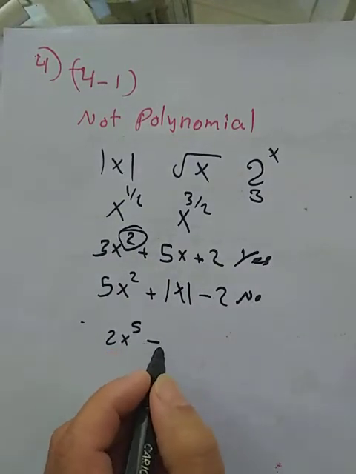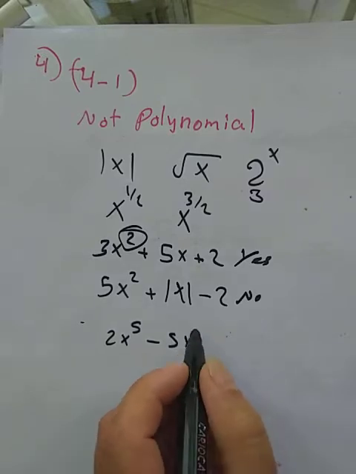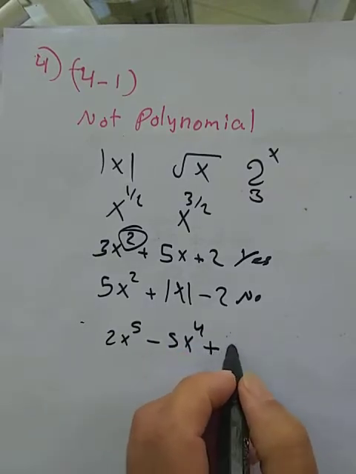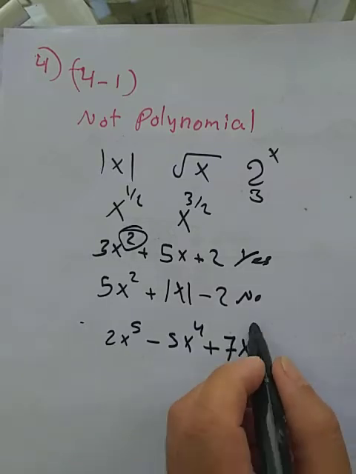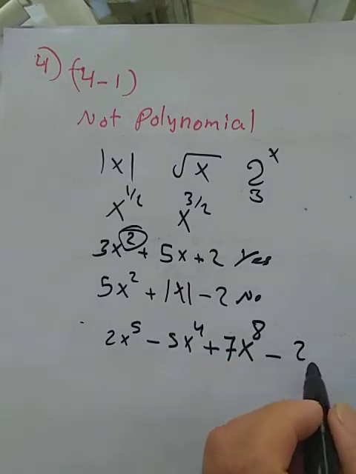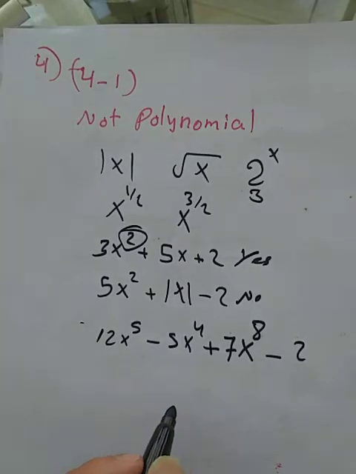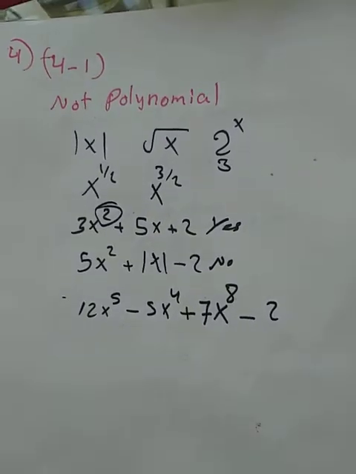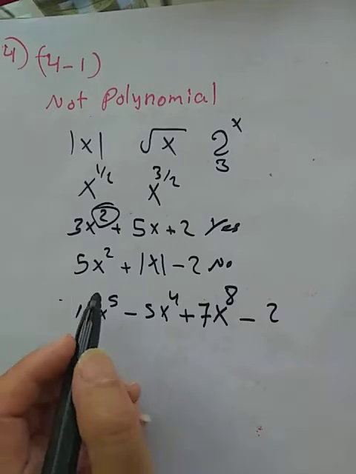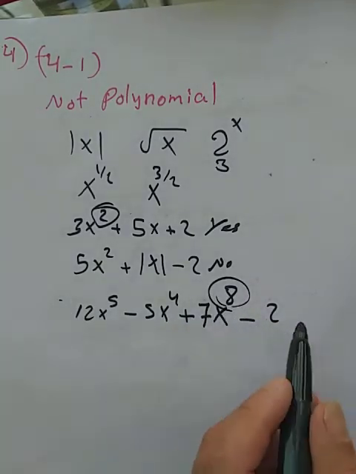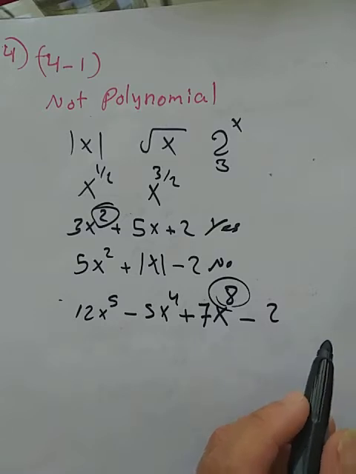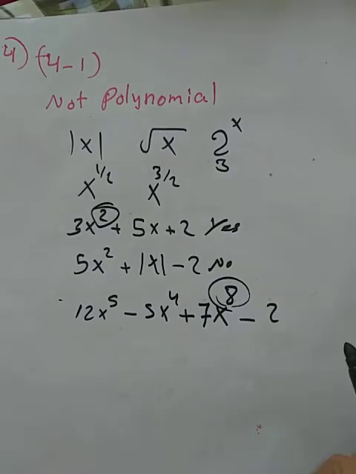For 2x to the power 5 minus 5x to the power 4 plus 7x to the power 8 minus 2, what's the degree? The highest power, which is 8. This is also important for the exam.